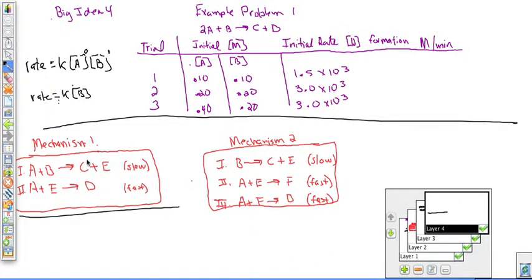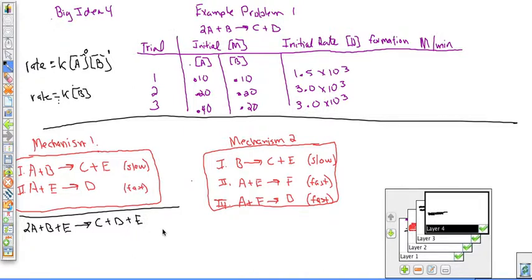We're going to add these all up. First of all, let's add up all the reactants. So I have 2 A's plus a B plus 1 E for my reactants. And then I'm going to add up all of my products over here. I have a C plus a D plus an E.